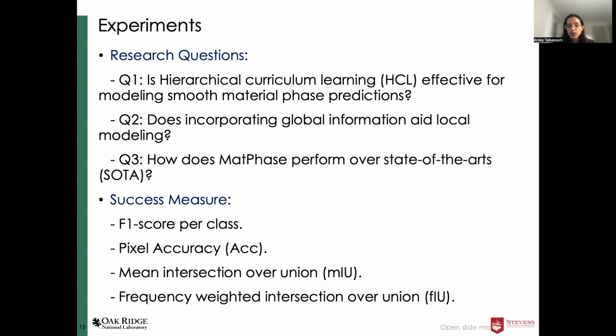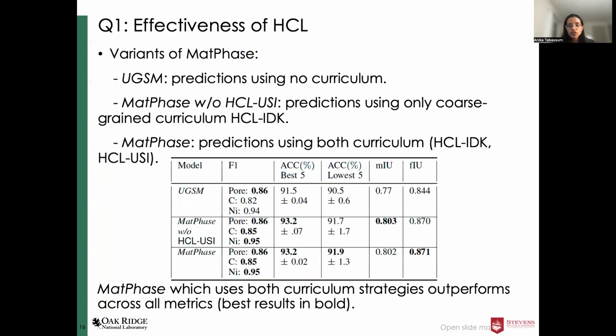And third, how does MatPhase perform over the state of the art? Now we want to evaluate each of these questions across multiple metrics, which are already well known for image segmentation and classification tasks.